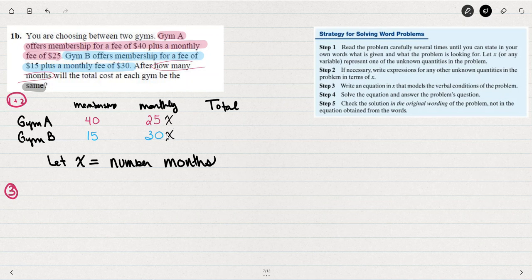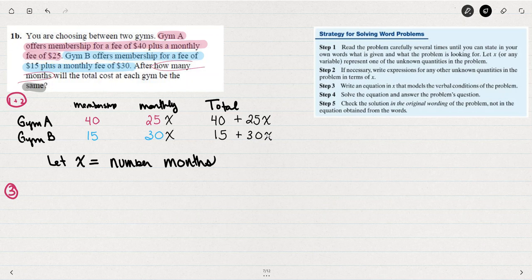At the end of the time that we've used that gym for, let's say, 7 months, 25 times 7, or the number of months, would tell us how much we've paid monthly total, and then we could add that to 40. So our total would be the membership fee plus 25 times the number of months, or for Gym B, a total of the membership fee of $15 plus 30 times the number of months.